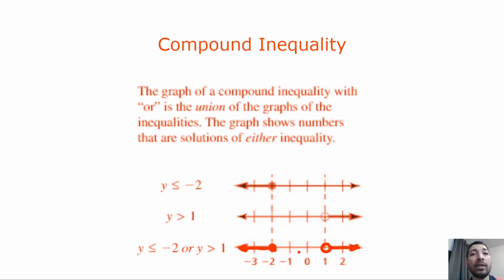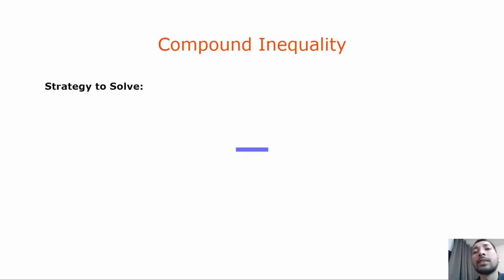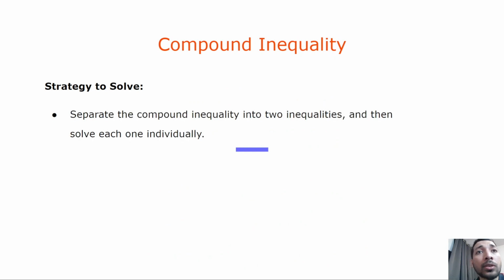So remember, if we have any intersection, that's and, and if we don't have any intersection, we have or for the compound inequality. Now let's look at some strategies to solve these types of problems. The first thing is, whenever we are presented with a compound inequality, we separate it into two inequalities and then solve each one individually.